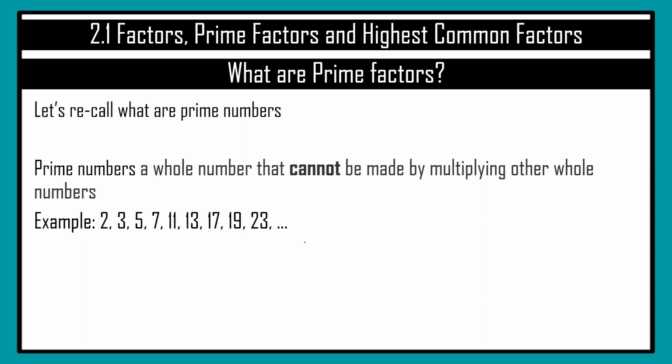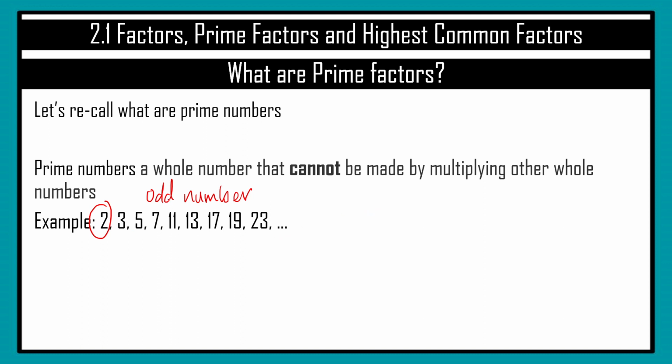You will notice that the prime numbers here are mostly odd numbers. The only number that is not odd in these prime numbers is 2. All of them are prime numbers.